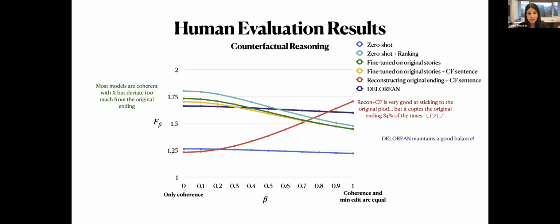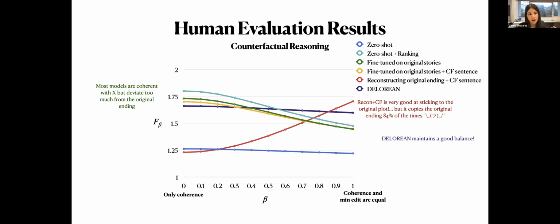At the other end of the spectrum, if you look at the light blue model, this model is an unsupervised model that is based on language models, so it can only look at the past, the first two sentences and the beginning of the story.